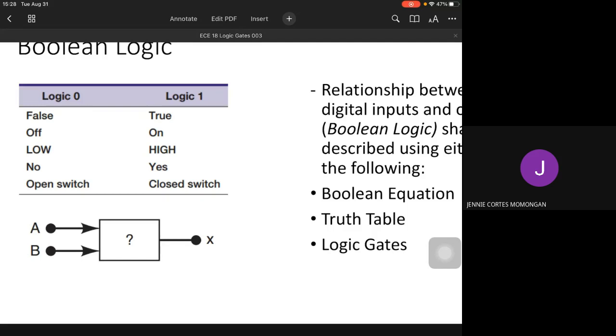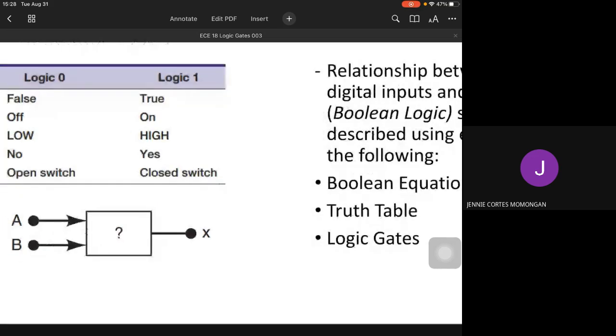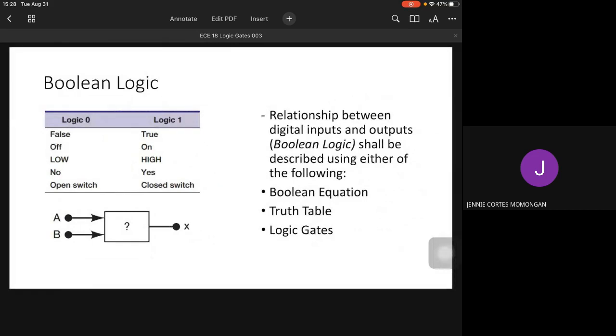Of course, they are different ways to do that. Each has its own advantages and disadvantages, its own ease of use or not so convenient to use. But any of the three will describe the same thing. So Boolean equation, truth table, and logic gate.